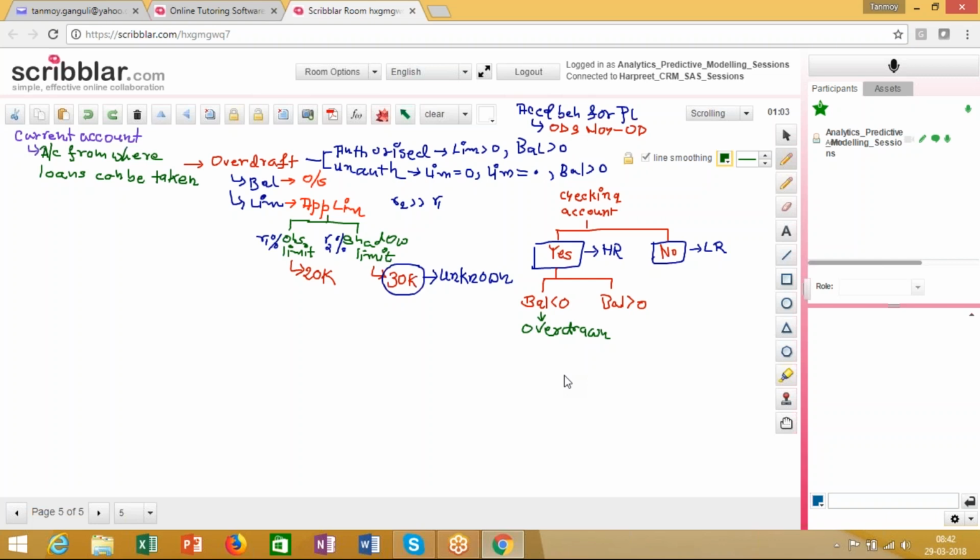So if a borrower has an overdrawn current account balance, then he is always treated to be a relatively more risky borrower than the others.